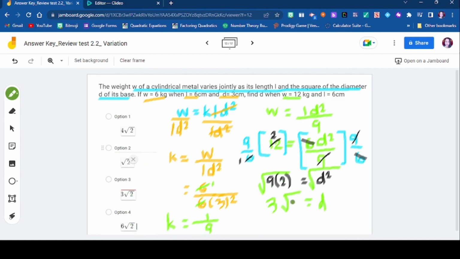So we have to write it in radical symbol. If you're asked for the decimal, then you have to look for the decimal. Since it is in radical form, we have to find the answer for the radical, the square root rather. So the square root of 9 is 3, and the square root of 2 is just square root of 2. So this is our answer, and that is the third option. Option 3 is the answer.